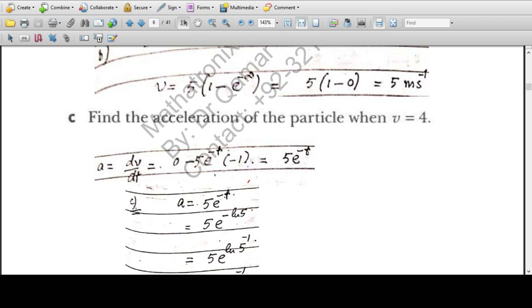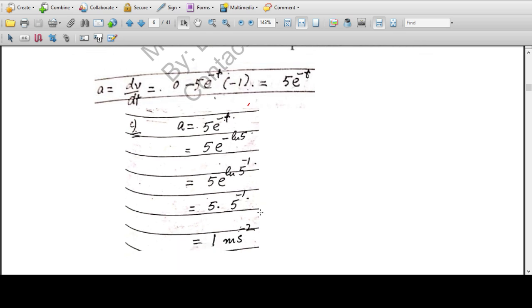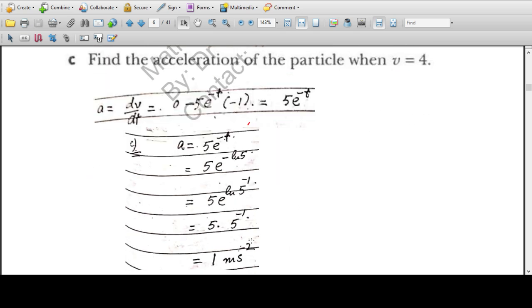So this becomes 5e^(−t), and in place of t we place ln 5. The minus sign goes inside, the ln cancels, and we get 5 inverse, so this is 1 meter per second squared. So the acceleration at t = ln 5, where the velocity is 4, is obtained as 1 meter per second squared.